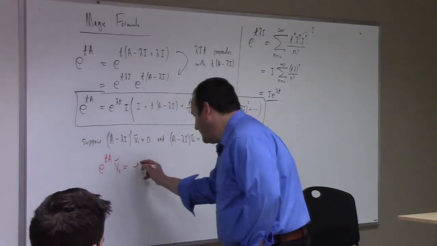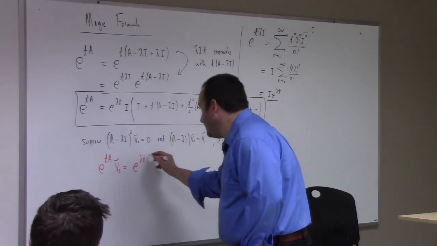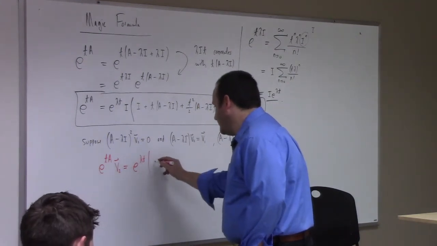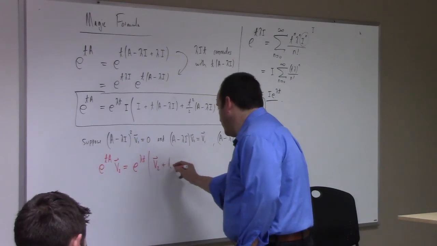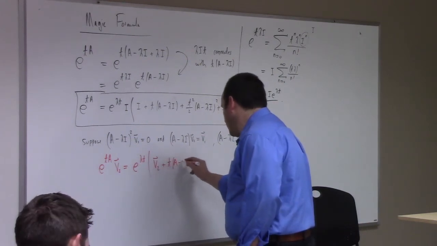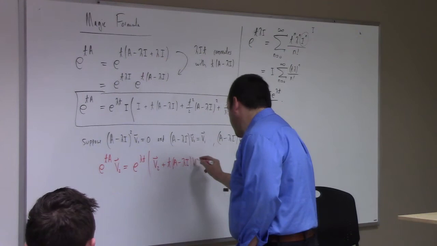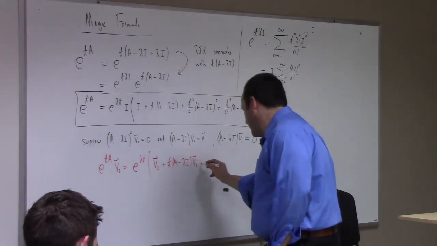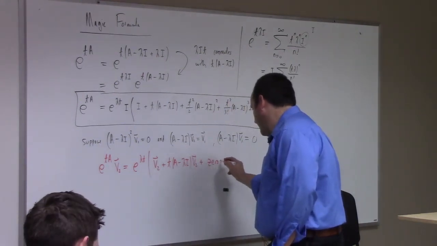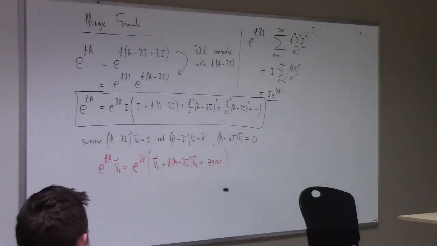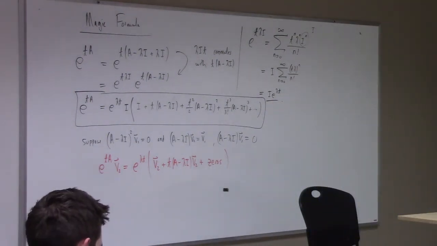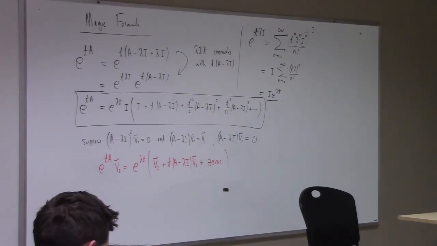So we have e to the lambda t times v2 plus t times (A minus lambda I) times v2 plus 0, because everything higher vanishes. So what does that leave you with?